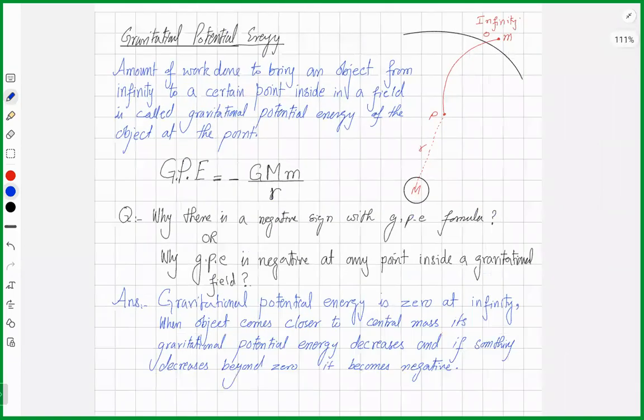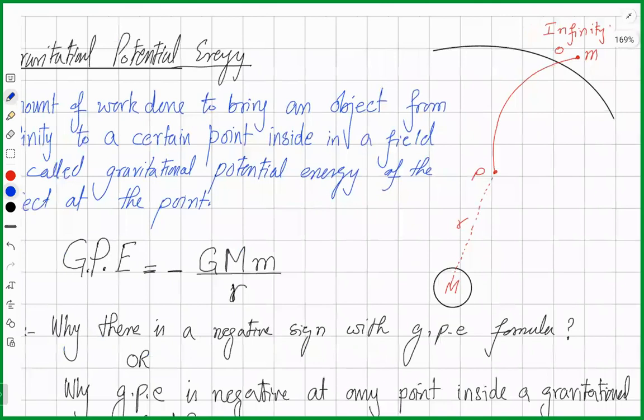Let me explain that in one other way, because you are studying physics and this is very important. This is common for all the potential energies and potentials that we will be discussing later, so pay attention. In some cases there is a natural force acting.